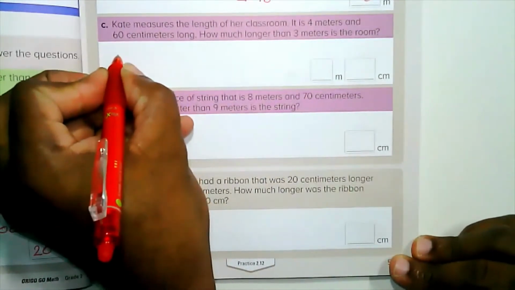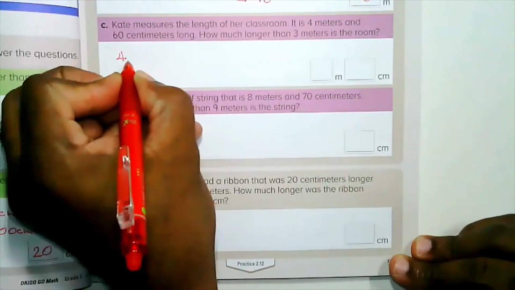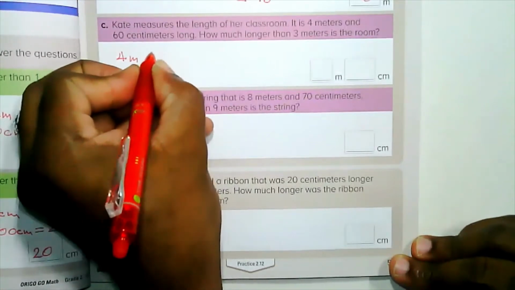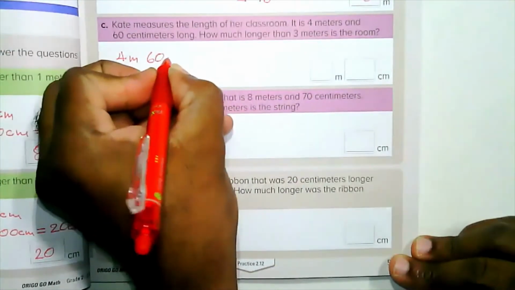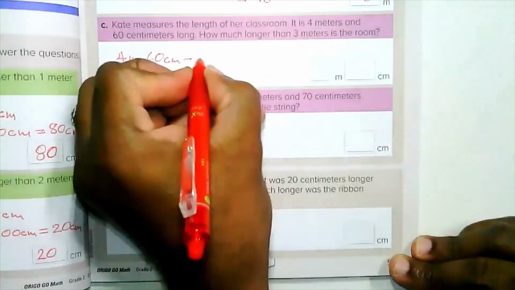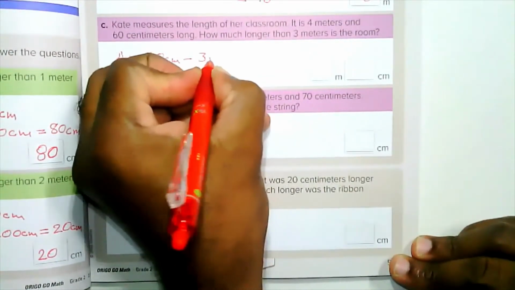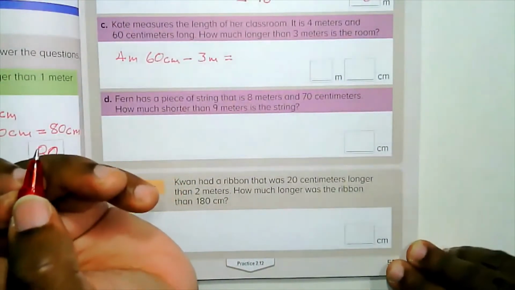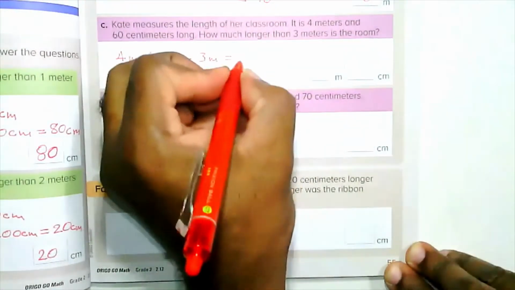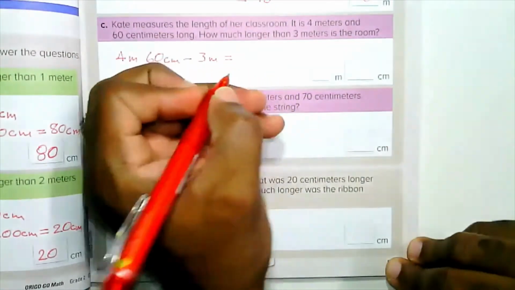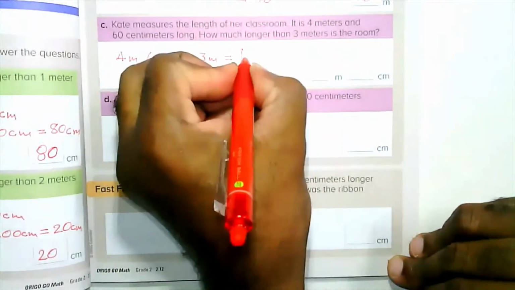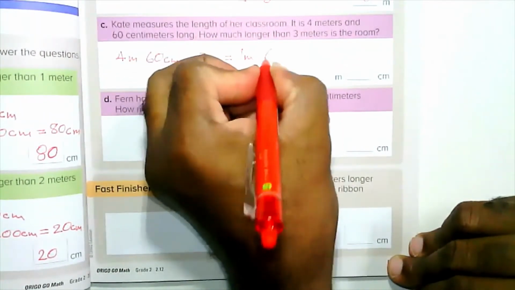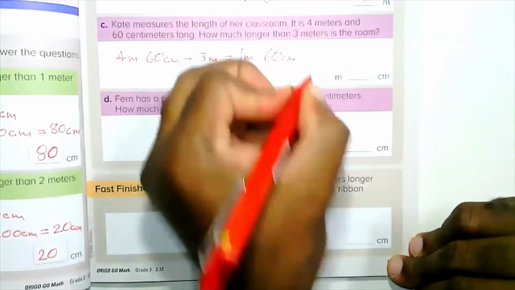So we have 4 meters, 60 centimeters minus 3 meters, which is equal to 1 meter, 60 centimeters.